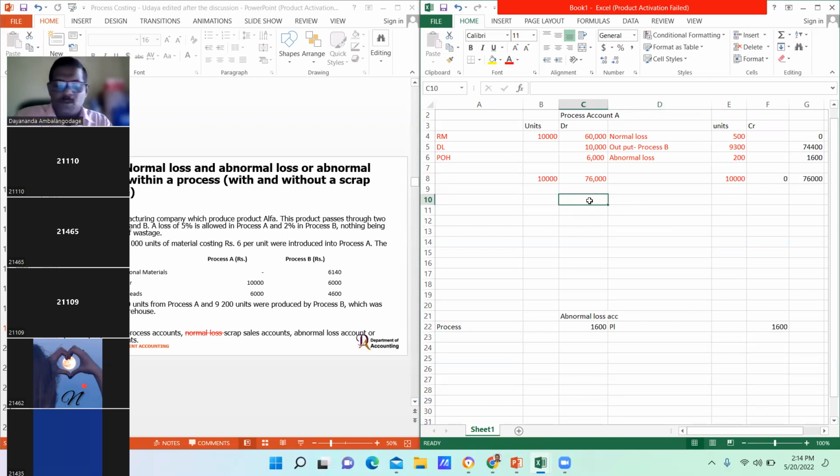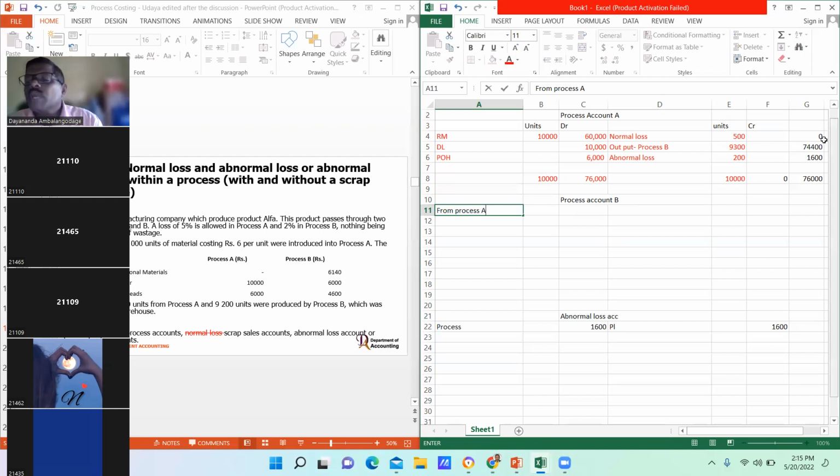We are preparing process B. The first entry would be from process A. How much? So you get this amount here, 74,400.